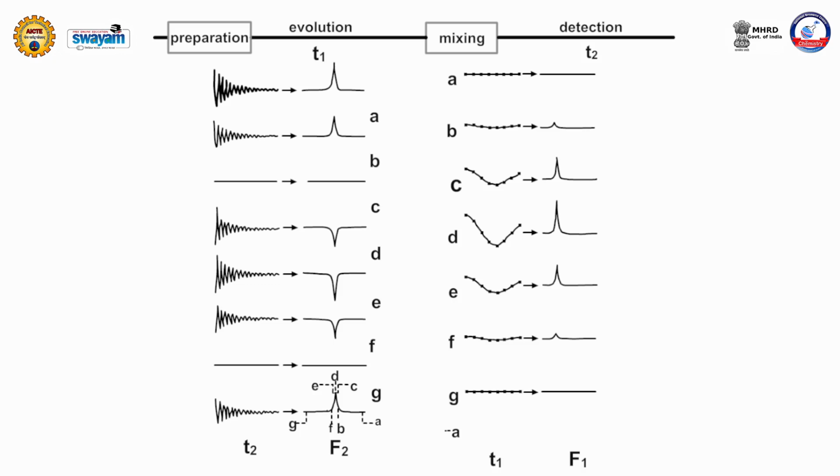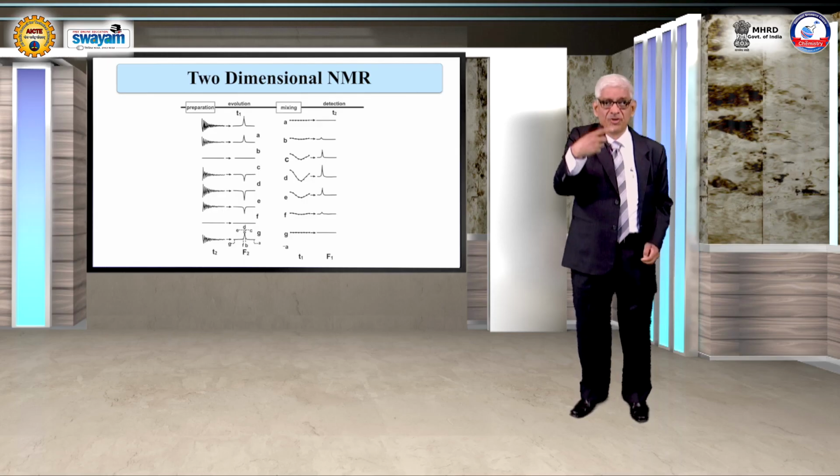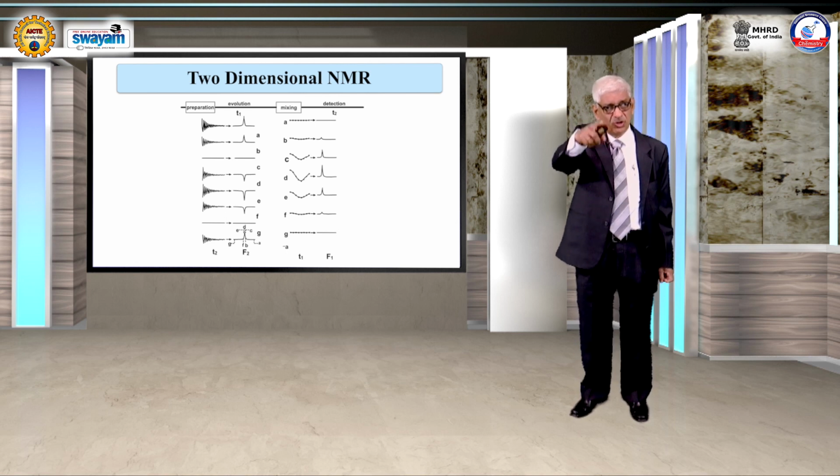So the points there are a function of t1. Below, you see various points A, B, C, D, E, F, G. These correspond to various points on the NMR spectrum, and at each of those, if you take a vertical cross section, they have different behaviors with respect to time, because what is varying there is the t1 time. Therefore it is a kind of pseudo free induction decay, a pseudo FID.